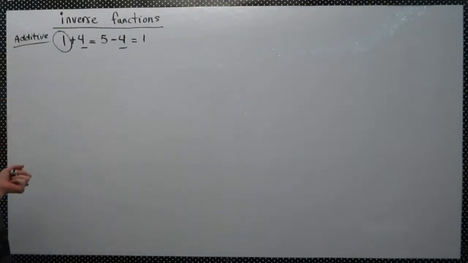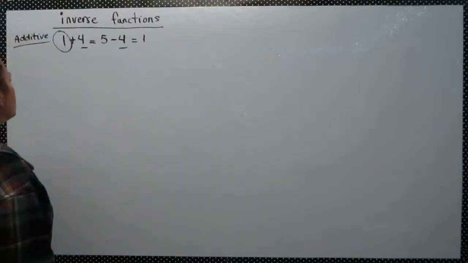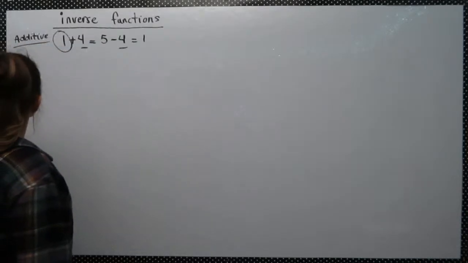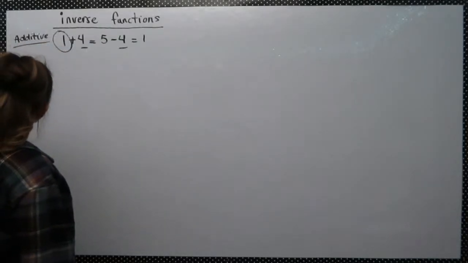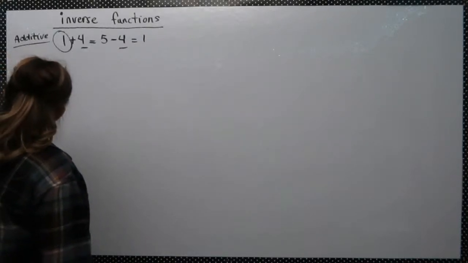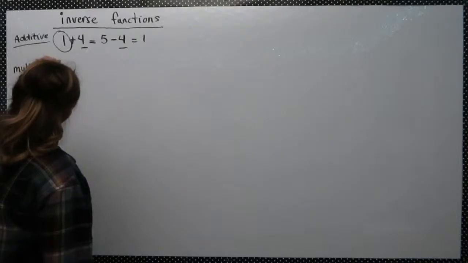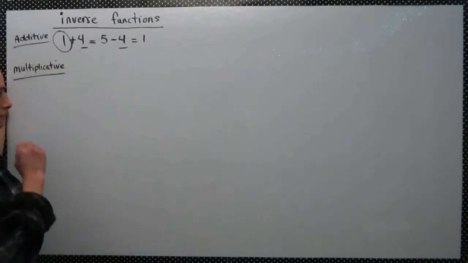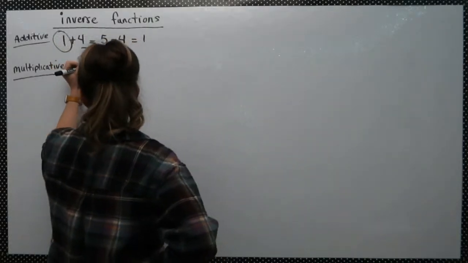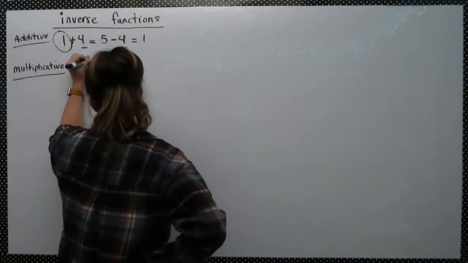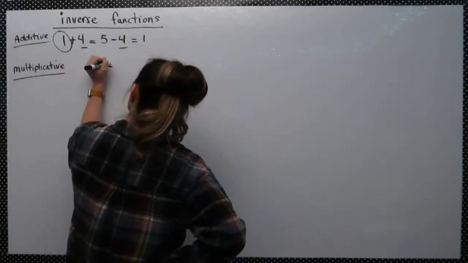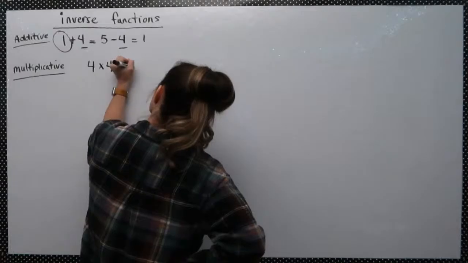There's another common one. The next common one would be multiplication. So it's the multiplicative. So for example, if I take the same value and I say 4 times 4, and we know that to be 16.